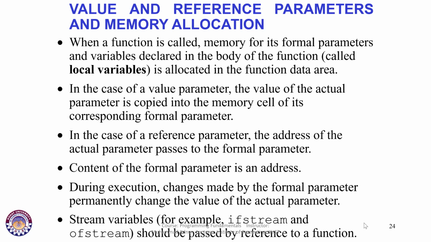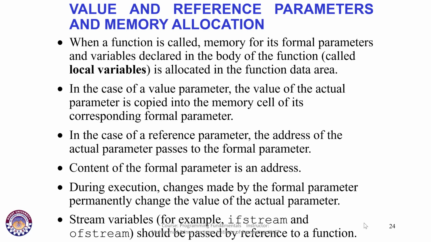So when a function is called, memory is allocated for its formal parameters. Formal parameters are just another name for arguments. Whenever you have a user defined function and you call that function, memory is allocated for its formal parameters, the parameters in the parentheses, and for the variables declared in the body of the function, called local variables, which are only visible to that particular function.